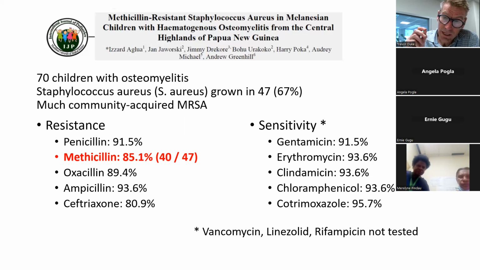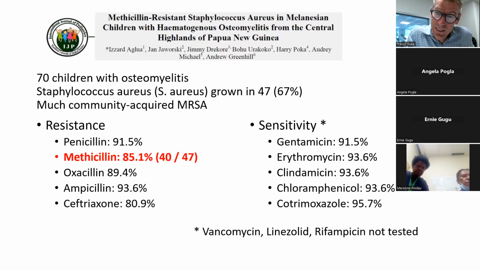It's useful to know the antibiotics that Staph aureus may still be susceptible to, and certainly an old antibiotic that has not been used very often in the last 10 or 15 years is chloramphenicol, and chloramphenicol now maintains some susceptibility to MRSA, at least some forms of MRSA.